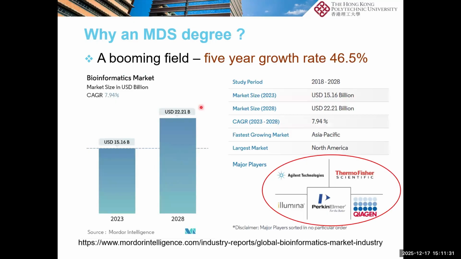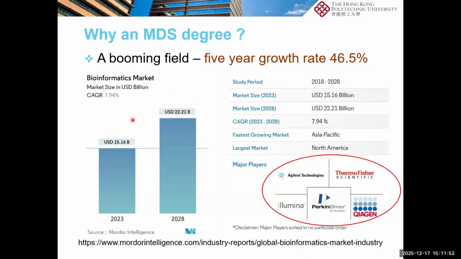This slide shows the bioinformatics market. Bioinformatics is actually one stream of medical data science. It is the stream specialized in analyzing genomics data or omics data.